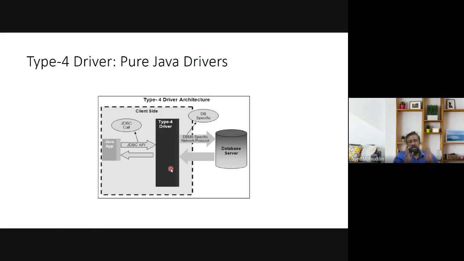Obviously, every vendor will provide protocols written in Java, because this is a pure Java driver. So every vendor provides its own set of protocols to access the database. But remember, type 4 drivers are very fast, and their execution is much faster compared to the previous three drivers.